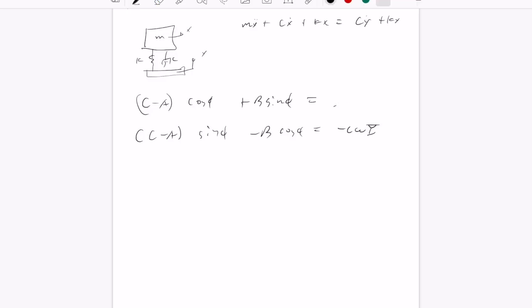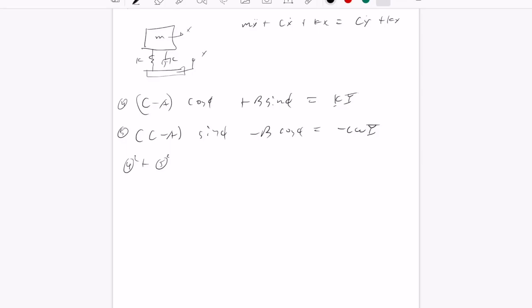Let's just make that a little bit neater. Okay. And we know what to do from here. We're going to square each side, or square each equation. Equation 4, equation 5. We're going to have 4 squared plus 5 squared, okay?